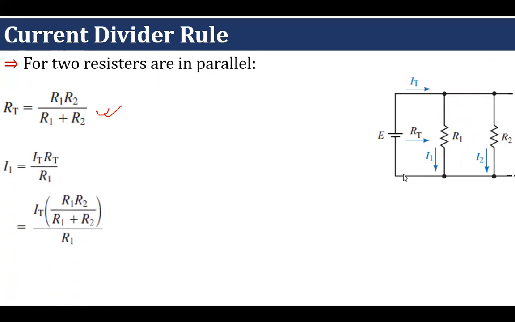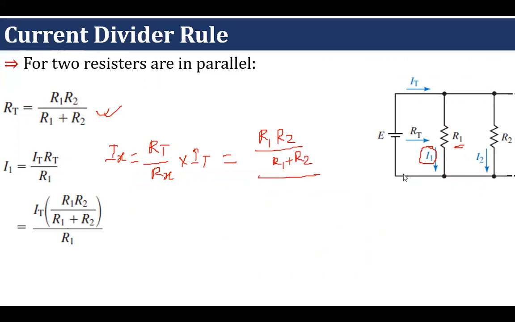Now calculate the value of current which is passing through this resistor R1. Just now we got the formula that Ix equals RT upon Rx multiplied with IT. Here RT is R1 R2 upon R1 plus R2.